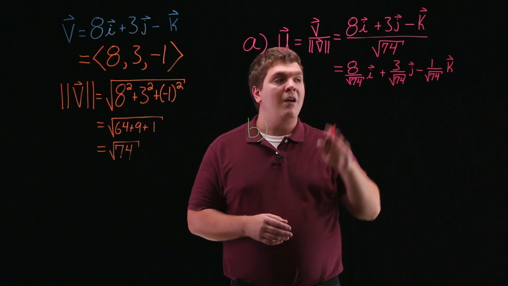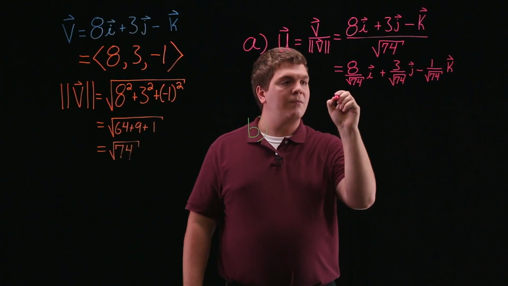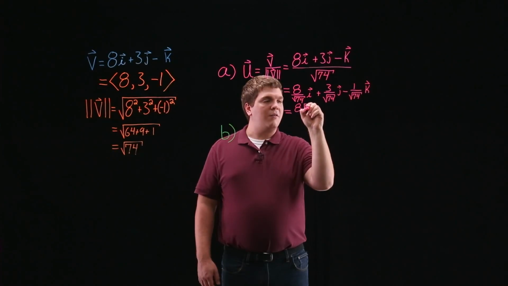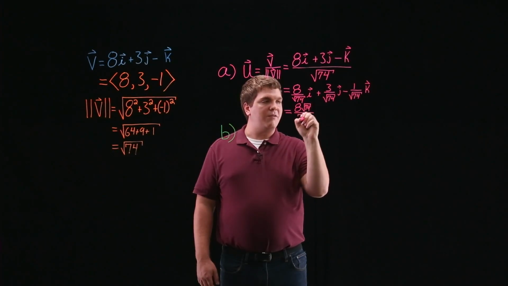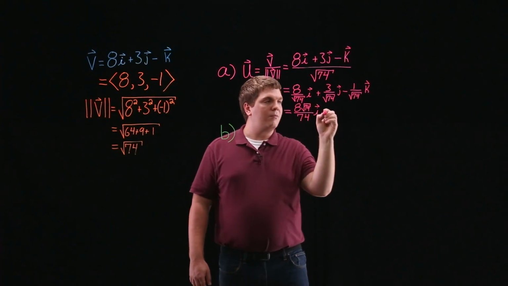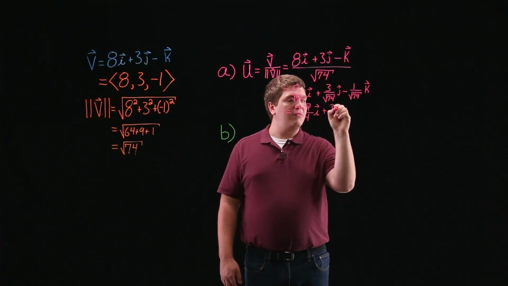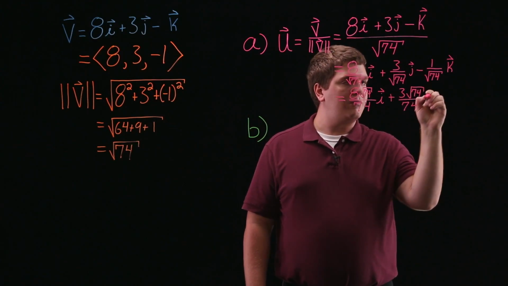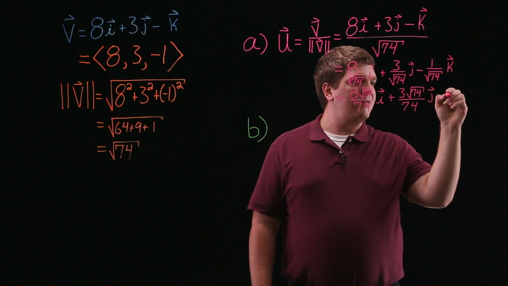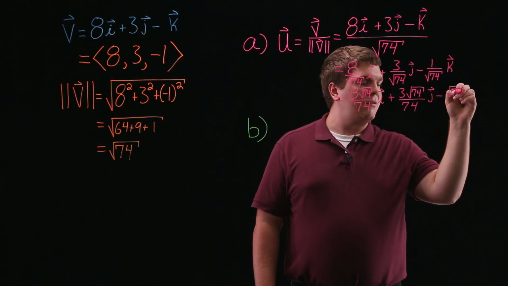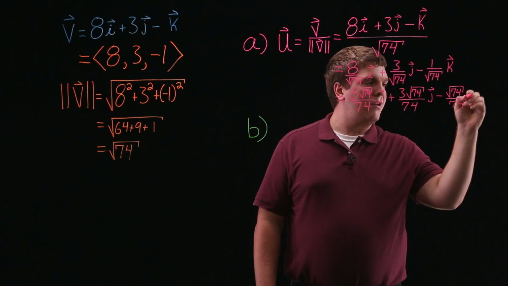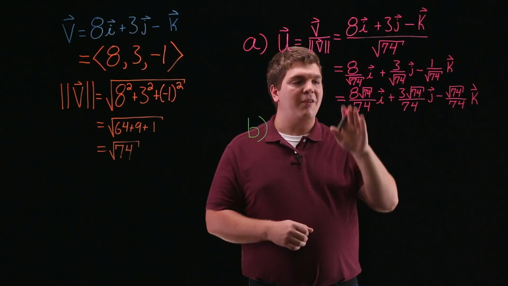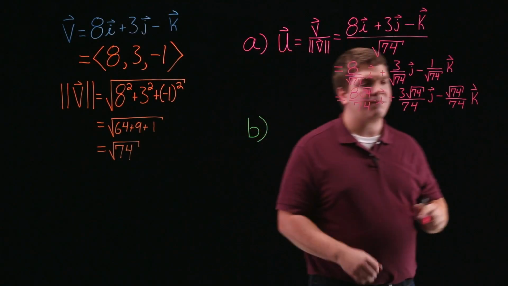Something else we can do here is rationalize the denominator, which leaves us with 8 times the square root of 74 divided by 74 times i, plus 3 times the square root of 74 divided by 74 times j, minus the square root of 74 divided by 74 times k.